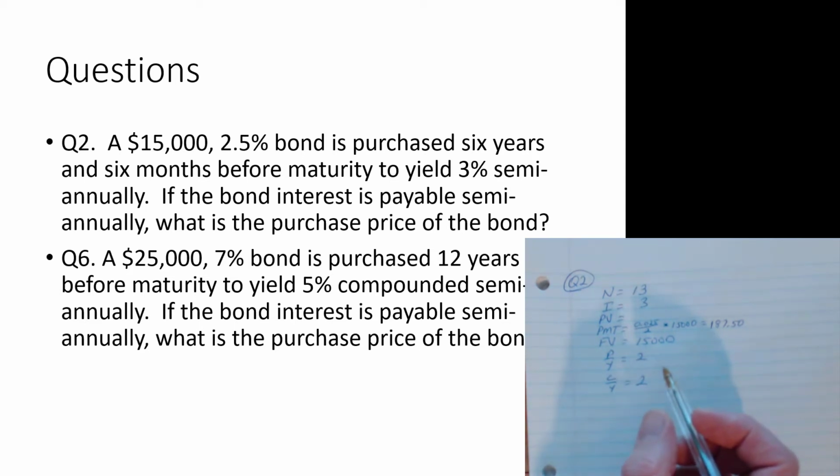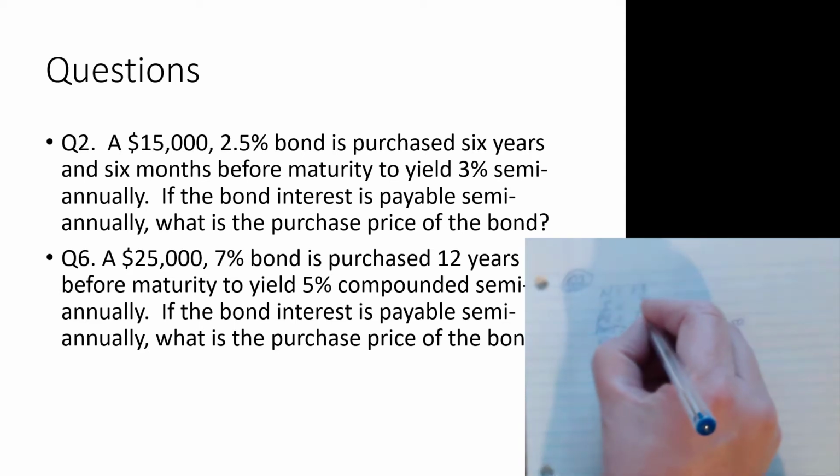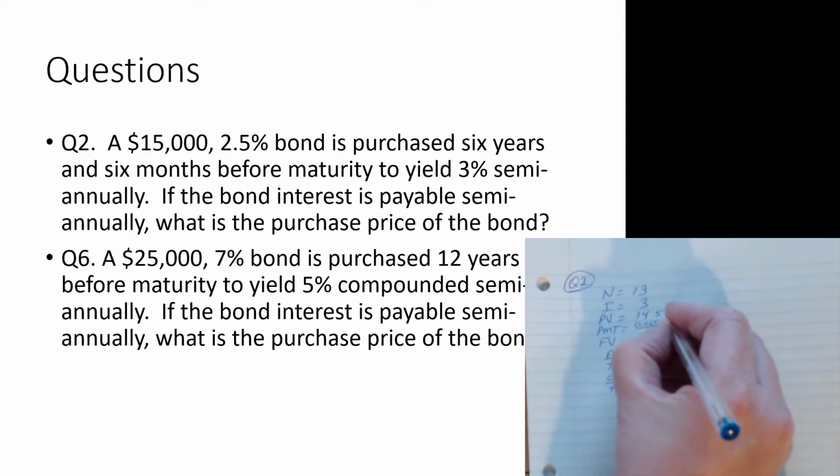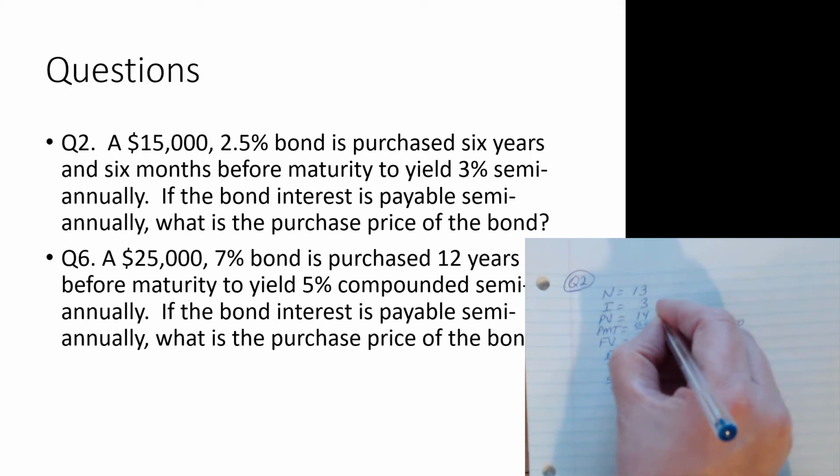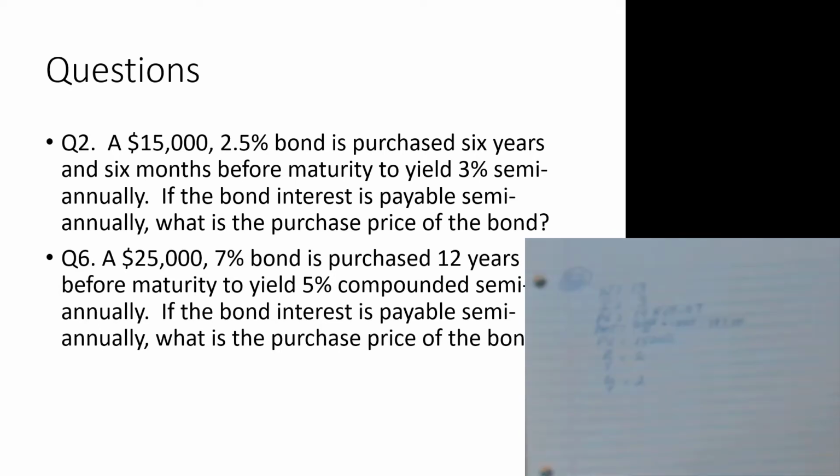And when we punch in the numbers, we get $14,560 and about 7 cents. There are a few more decimals there, but about 7 cents. So not too painful, just like a regular annuity.